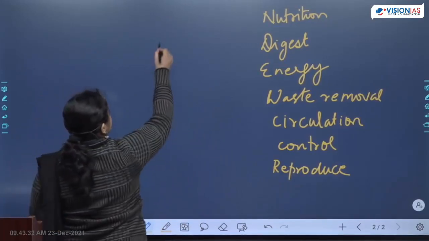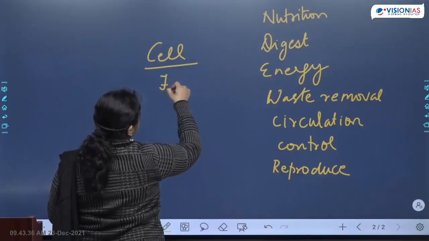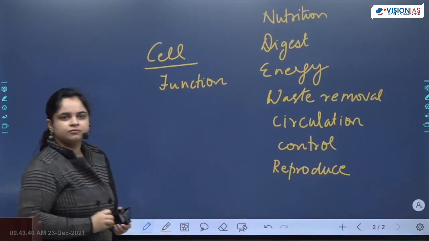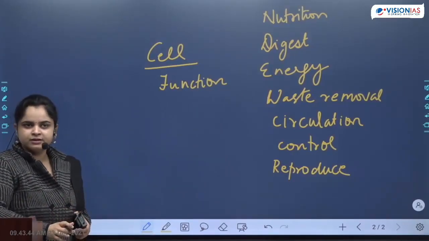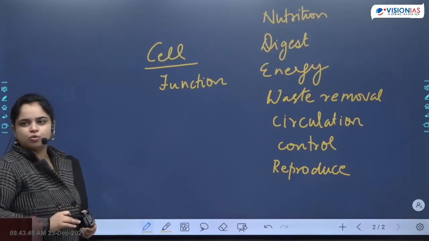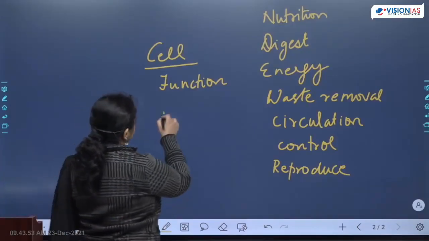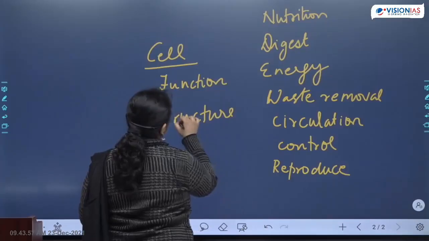A cell is going to be that unit which can functionally do all these things. All the processes which are needed for life, the cell is that unit which can on its own do all these things. And the second point is it makes up the structure of all living organisms.